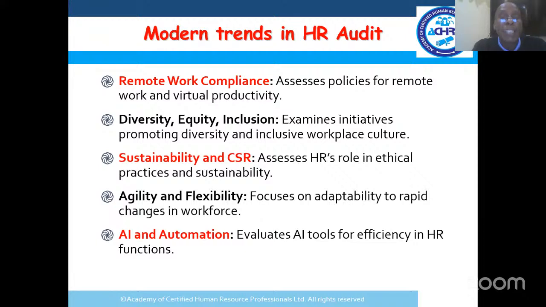As HR managers, we are expected to develop diversity policies, which will help us to ensure that people from different backgrounds are brought on board so that they can showcase their skills, experience, and innovation.